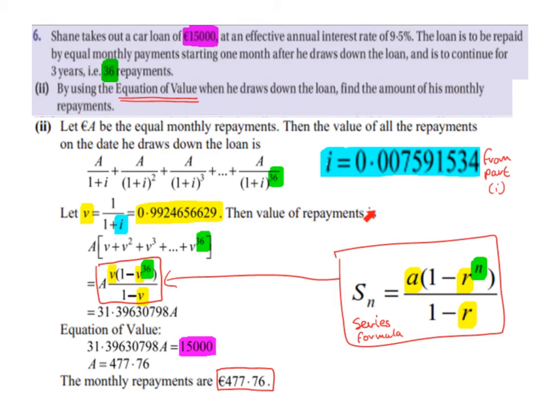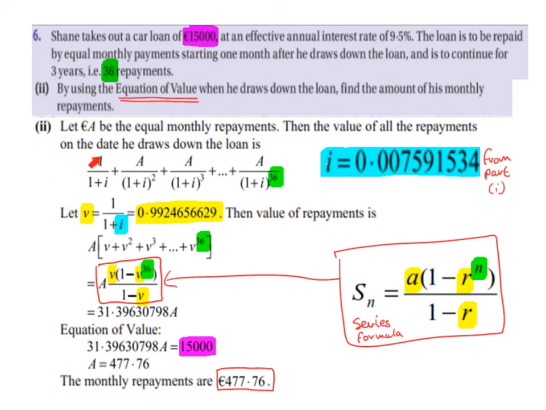Then the value of repayments is going to be A multiplied by (V plus V squared plus V cubed plus ... up as far as V to the power of 36). What's happened here is we took this formula and factorized out the A. The A was common in all parts, so we took the A outside.